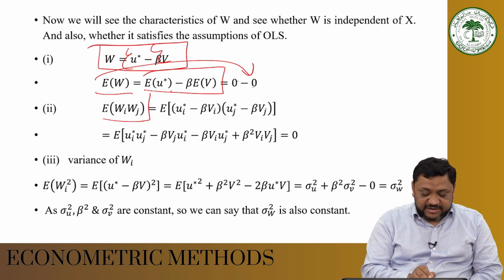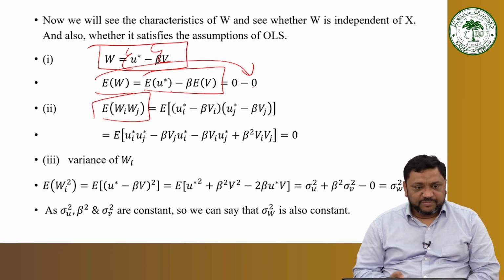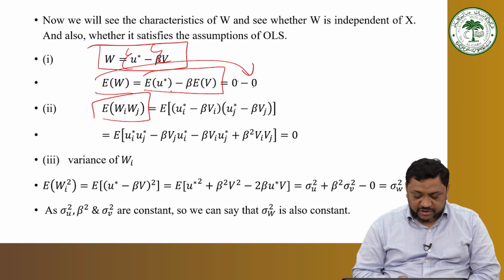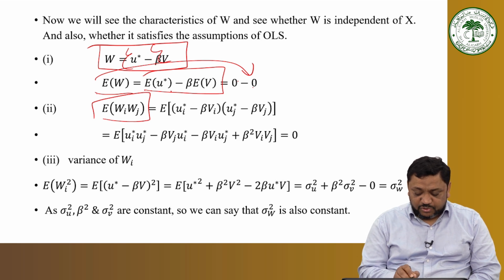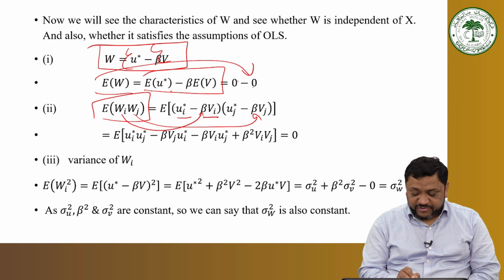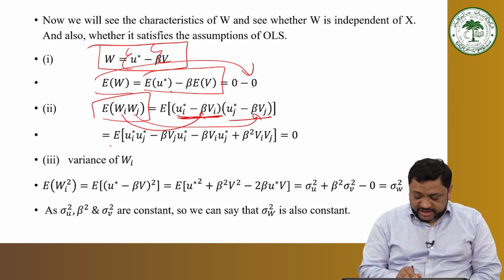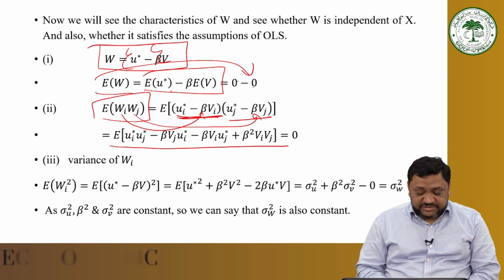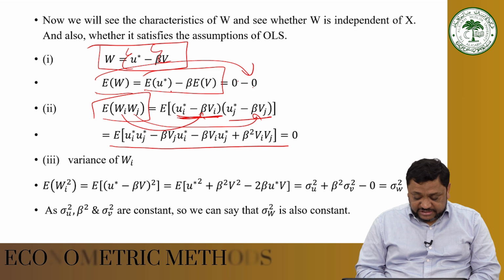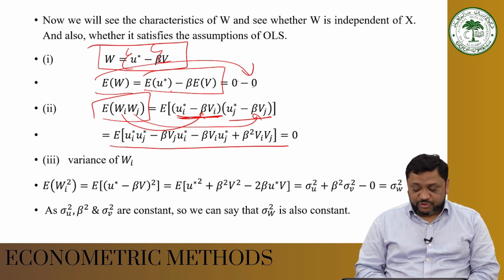Now we see, are they related with the previous or their forthcoming values? So E of Wi Wj, we write Wi in terms of ui asterisk minus beta vi, and Wj in terms of uj asterisk minus beta vj. Now we have two terms, this is one and this is one. We do the cross multiplication, and we get this term: the expected value of ui asterisk uj asterisk minus beta vj ui asterisk minus beta vi uj asterisk plus beta square vi vj.